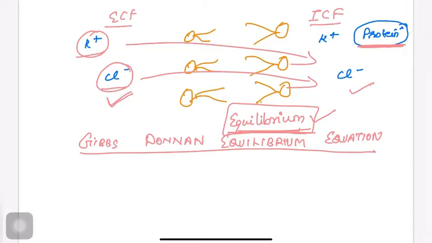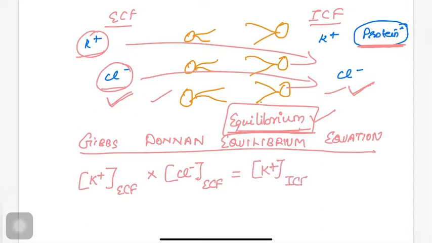If we take this example, at equilibrium, the concentration of potassium in ECF times the concentration of chloride in ECF should equal the concentration of potassium in ICF times the concentration of chloride in ICF. This is the Gibbs Donnan equilibrium equation.